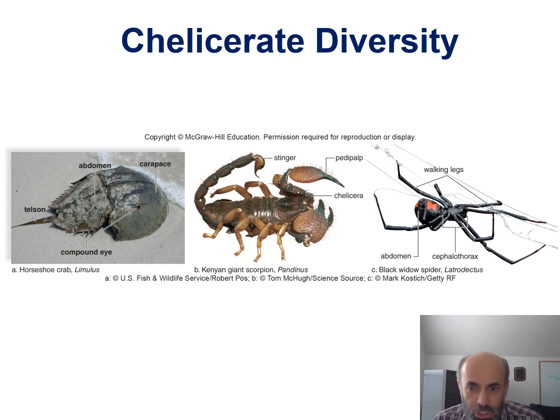This structure shows the pedipalp in the case of a spider, and chelicerae are the first pair of appendages. Pedipalps are usually the second one, and this is the stinger. On the back of their body is the stinger, not found in all organisms, but in the case of scorpions it is pretty obvious, and sometimes it looks pretty threatening too. And the ones that sting can cause a lot of pain.